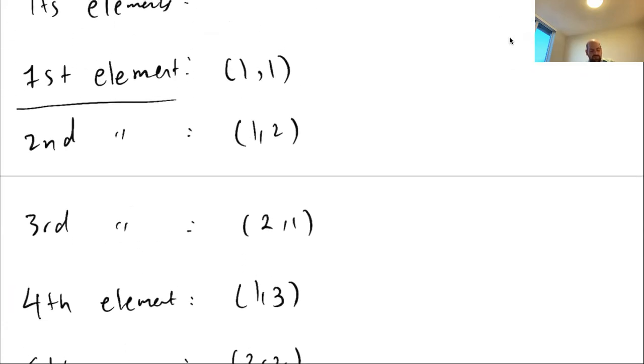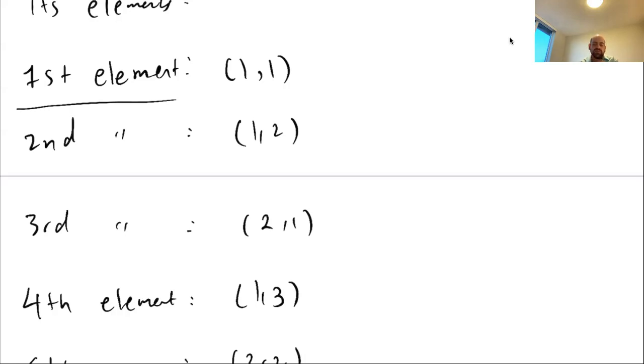As you have maybe guessed, the pattern that I'm choosing for listing all these elements is that I will look at the sum of the two numbers that I have. Remember, I have a pair, therefore I have two numbers. I will look at their sum.